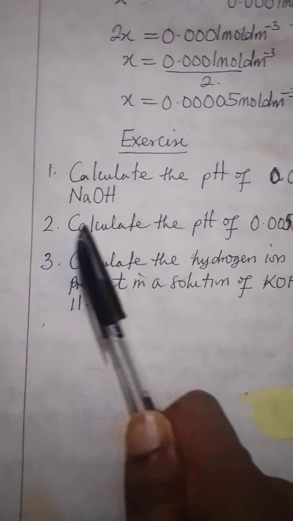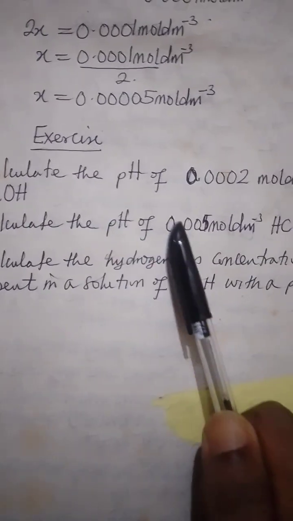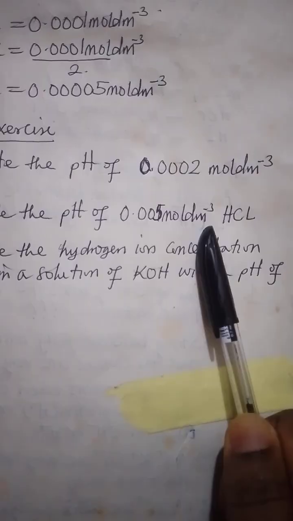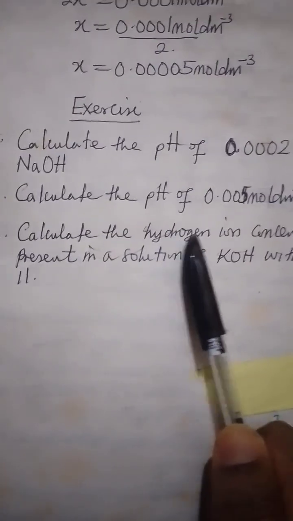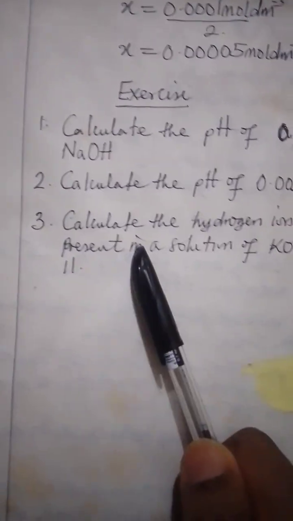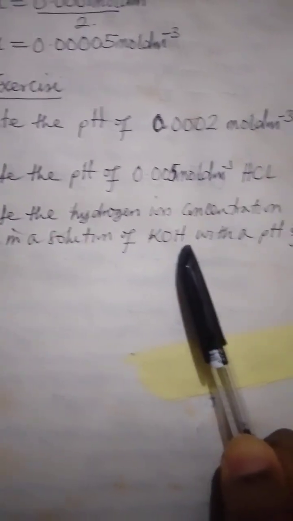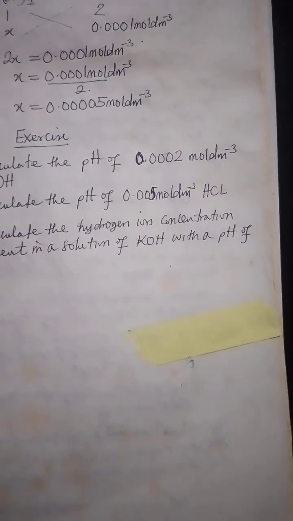Number 2, calculate the pH of 0.005 mole per dm cube HCl. Number 3, calculate the hydrogen ion concentration present in a solution of KOH with a pH of 11. I'll see you in the next lecture.